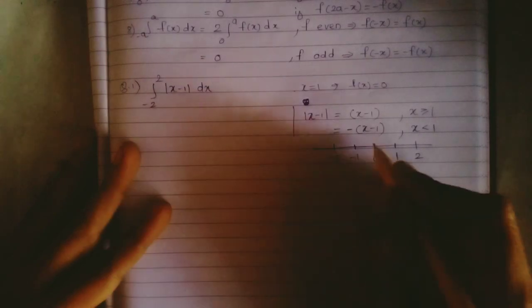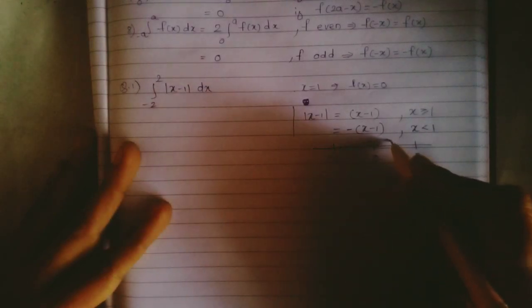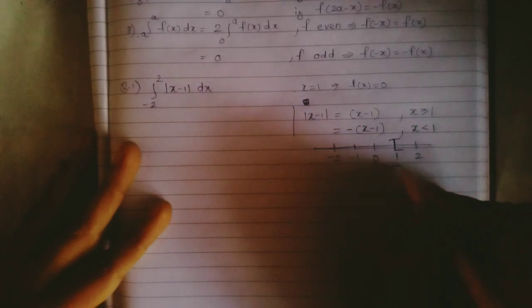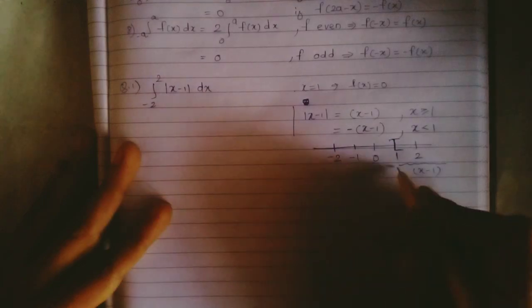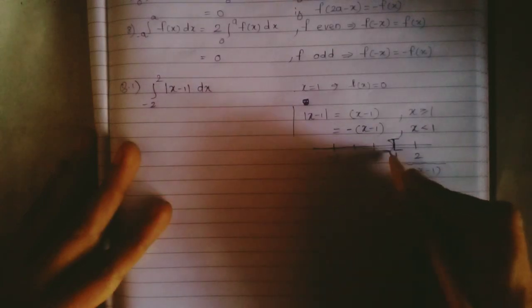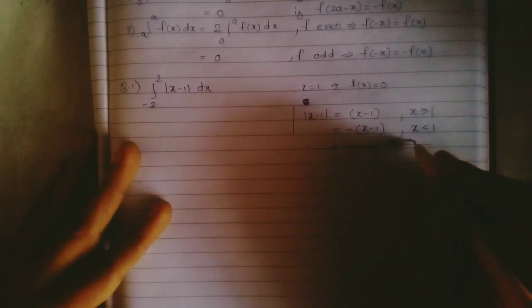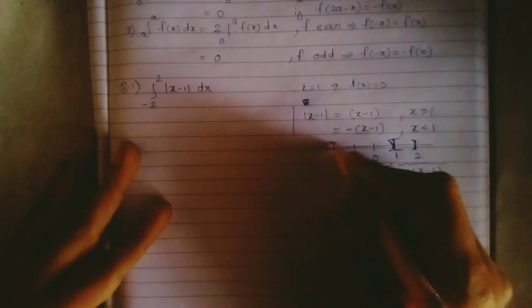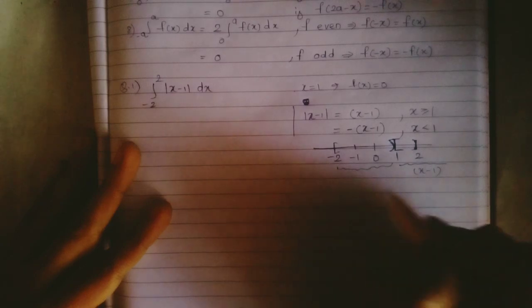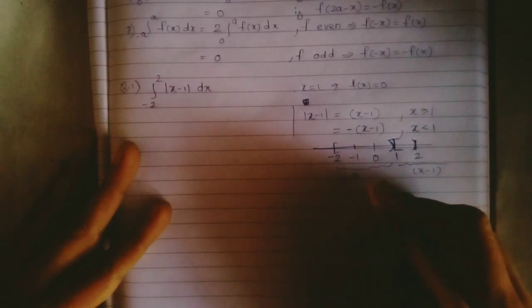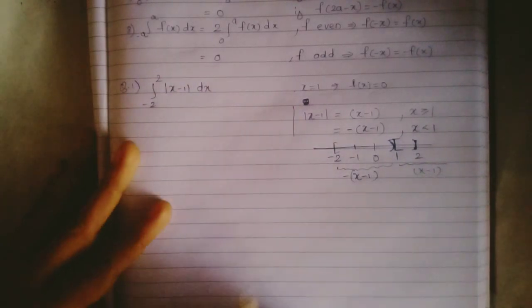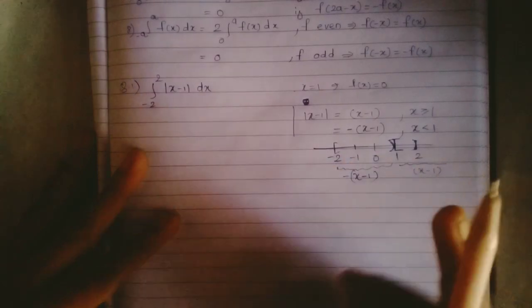For greater than 1 you'll have x minus 1, and for less than 1, from 1 to -2, you'll have minus. So our limit splits into two.